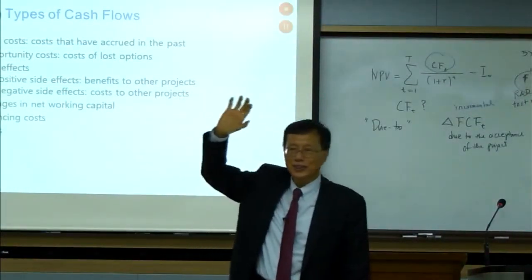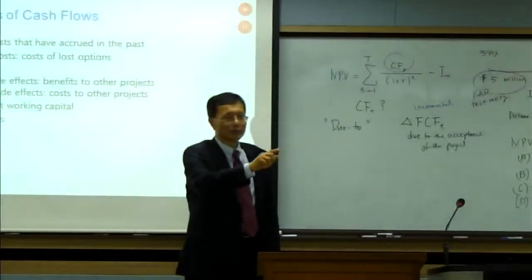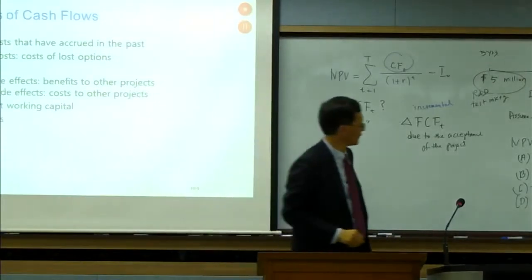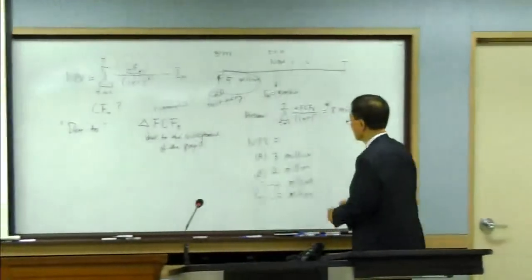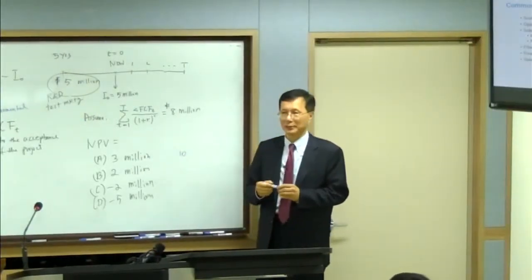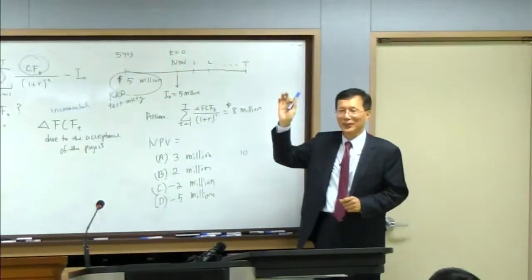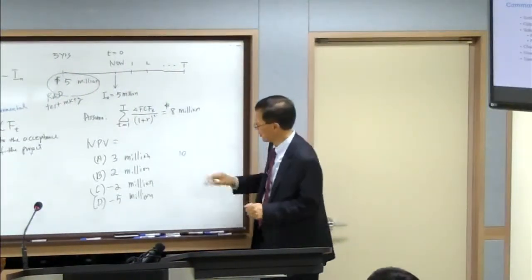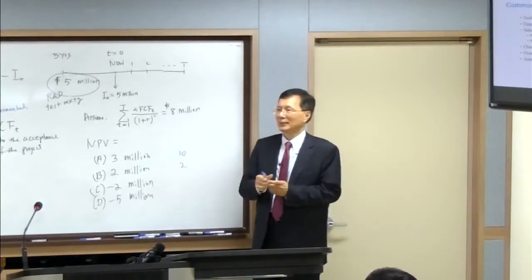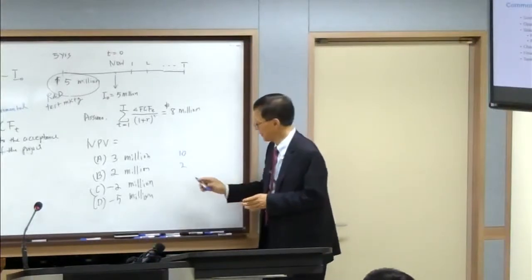How many of you think that it is A? 1, 2, 3, 4, 5, 6, 7, 8, 9, 10. How many of you think it is 2 million? 1, 2. Don't look at the people. How many of you think it is minus 2 million? 1, 2, 3, 4, 5, 6, 7.